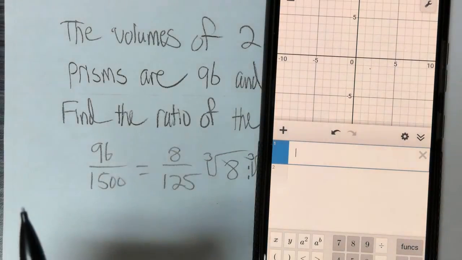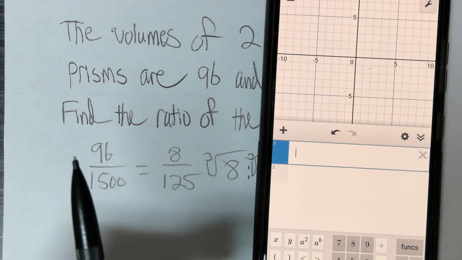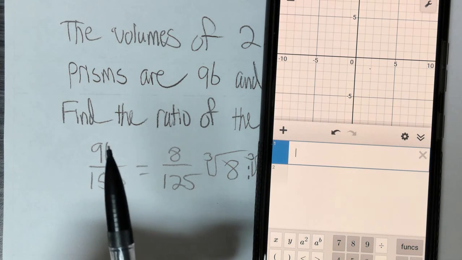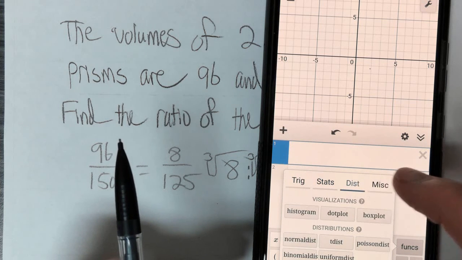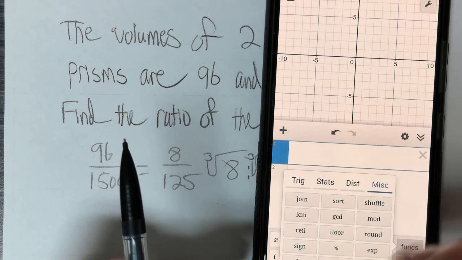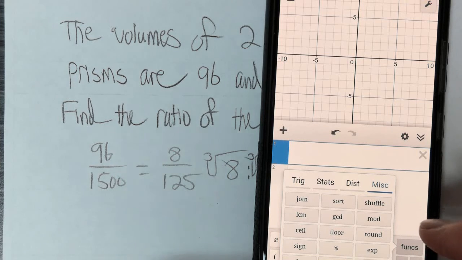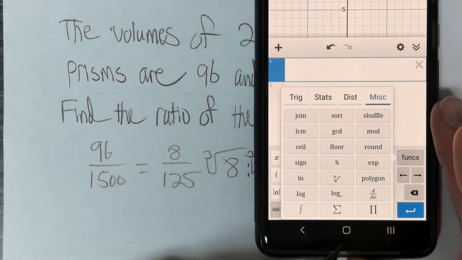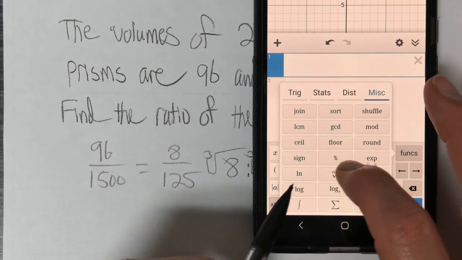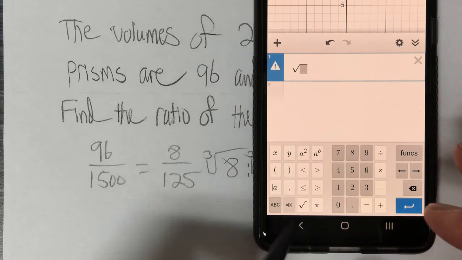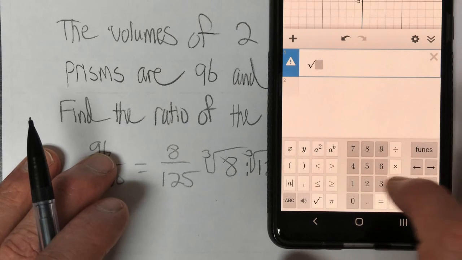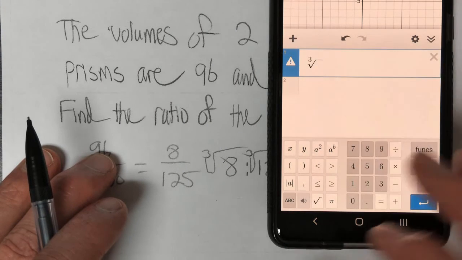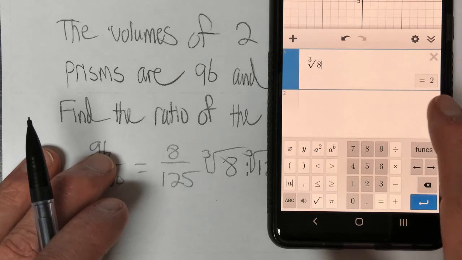But to do the cube root, let's see, what we can do is go to function. Alright, so here's my nth root key. You got to press functions and go to miscellaneous to get the cube root, because the only thing over here is square root. So the first thing it's asking me for is what root do I want. It's the cube root this time, and the cube root of 8 is 2.